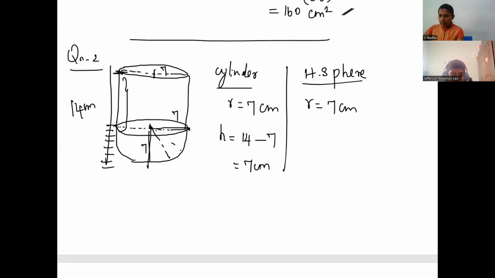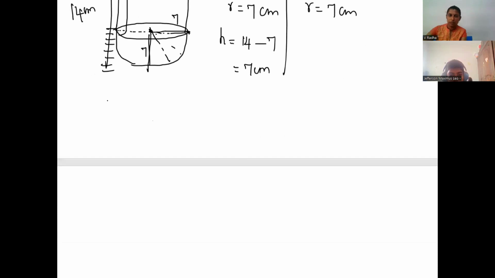Now we move to the calculation part. The question asks for the inner surface area. Inside the vessel, the CSA of the hemisphere is noted and the cylinder CSA also. Correct? The sum of both is the inner surface area of the vessel.